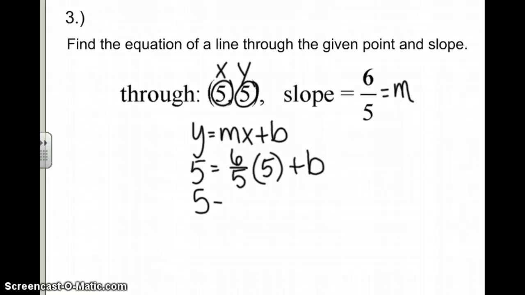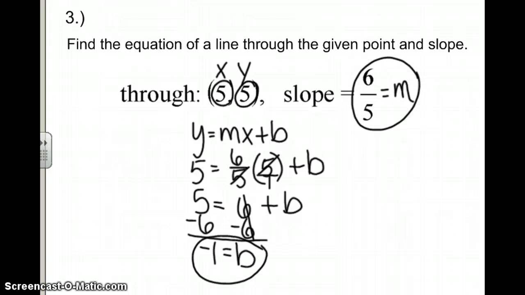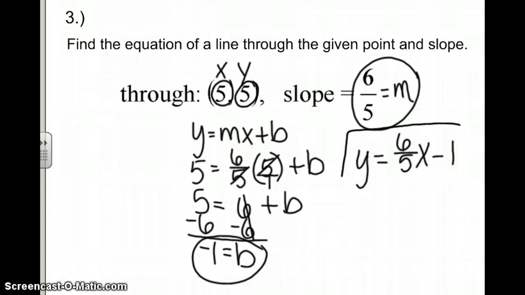We have 5 equals, remember this is really 5 over 1, so I can cross cancel when I multiply those, and I'm left with just 6 over 1, which is just 6, plus b. Subtract 6 from both sides, and we should get b equals -1. So if b is -1 and m is 6/5, then y equals 6/5 x minus 1. That would be our linear equation in slope-intercept form.